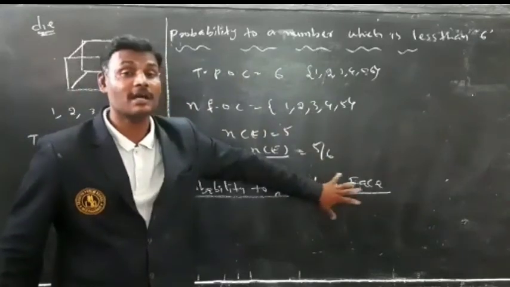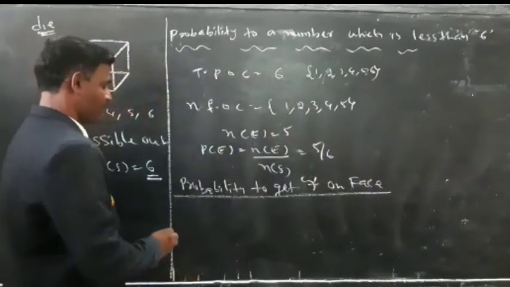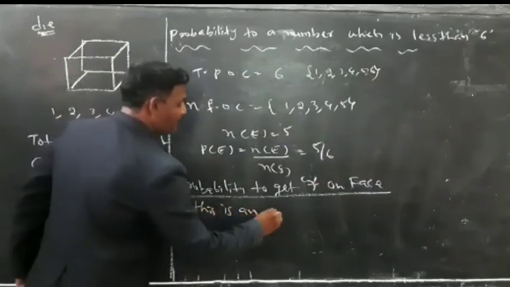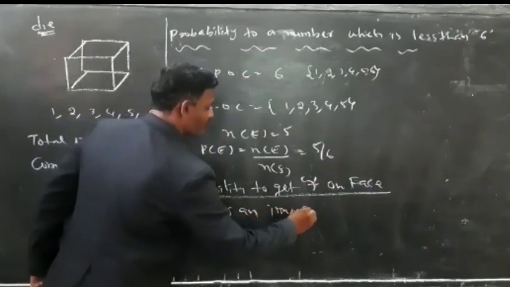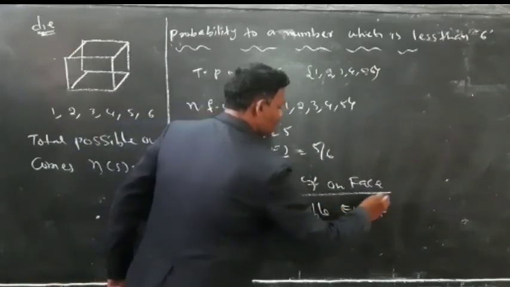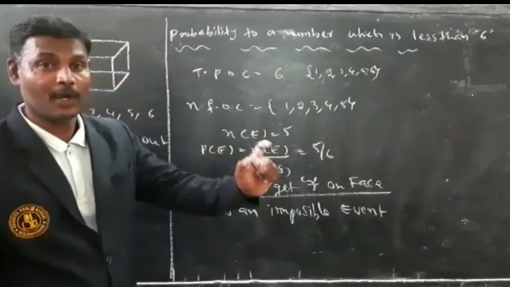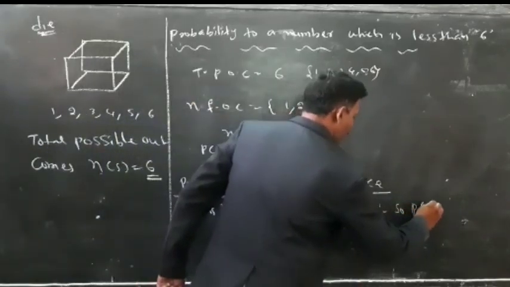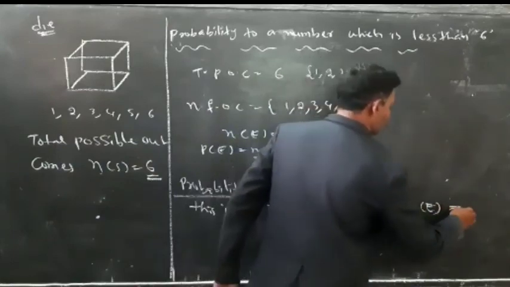So this is a good example of an impossible event. Probability of an impossible event is 0. So the probability of that given event is equal to 0.